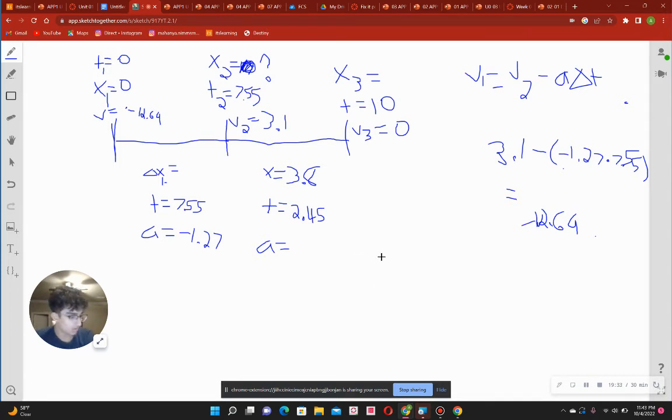So down here, we're going to do delta x from 2 to 3 is equal to 1/2 V2 plus V3 times delta t, and you can rearrange this and plug in your values so that it becomes 2 times 3.8 all over 2.5.